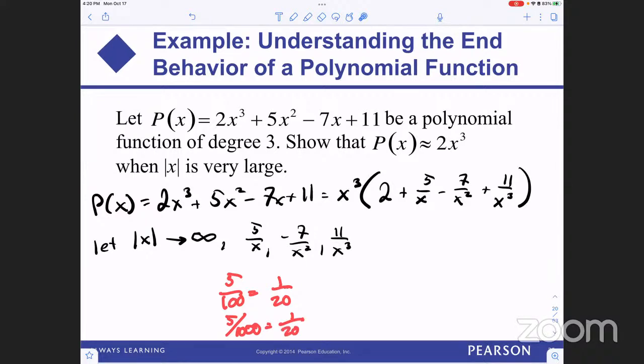So notice that as that denominator is getting bigger and bigger, is our output getting bigger or is our output getting smaller? Which is bigger, 5 or 1/200?